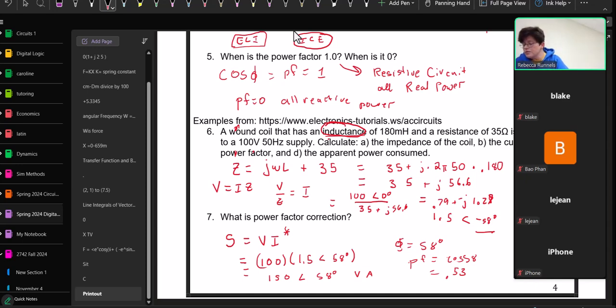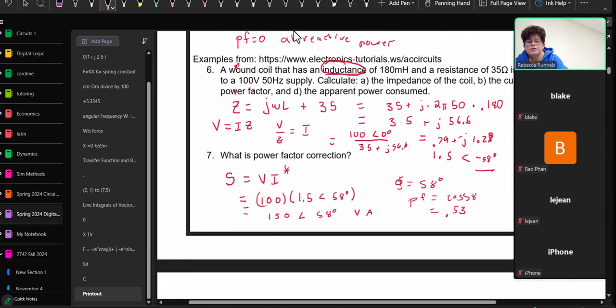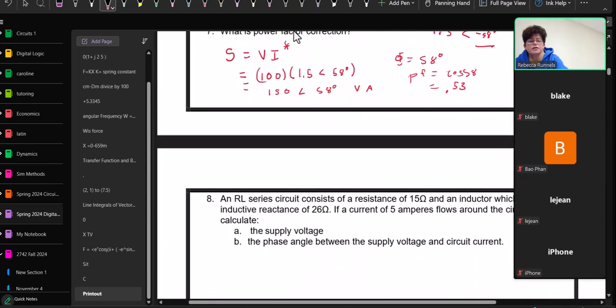A power factor correction helps you bring the power factor from a lower number to a higher number, so that more of your apparent power is real power. You can do that by adding a shunt capacitor, and by adding the capacitor you can make your power factor closer to 1. So that's what a power factor correction is.